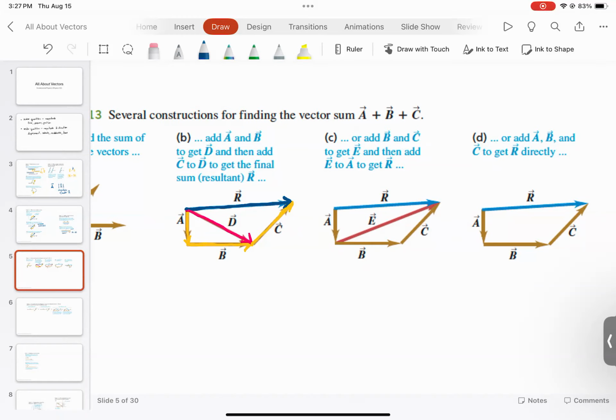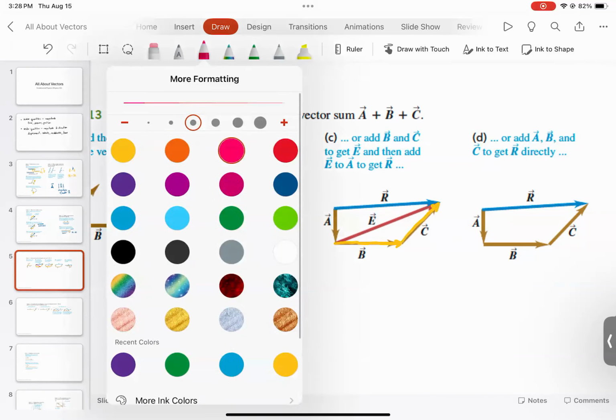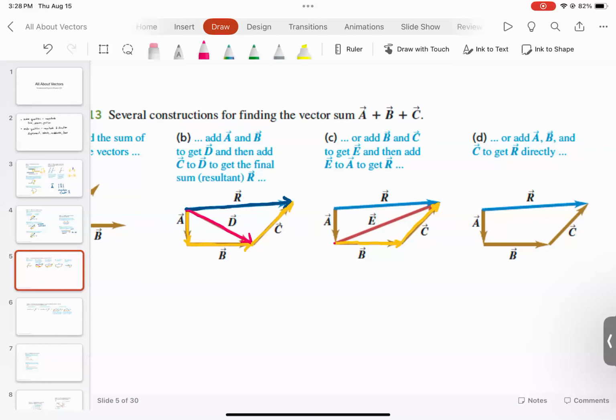Similarly, we can add vector B and C first. So if we add vector B first, the head of B to the tail of C, we use the tail of the first vector B and the head of the last vector C, starting point to end point.